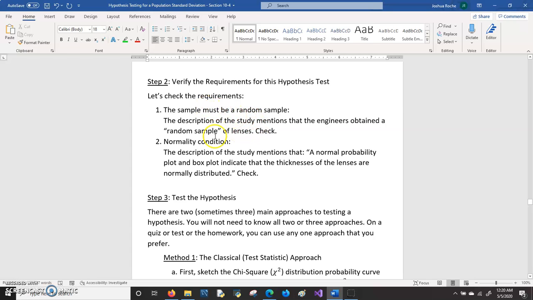It's the same two requirements. There's not a whole lot to calculate, at least not for what we'll do in our class. You'll just have to look in the description and make sure that they mention that this is a random sample, and also mention that they have already verified that the distribution is normally distributed.